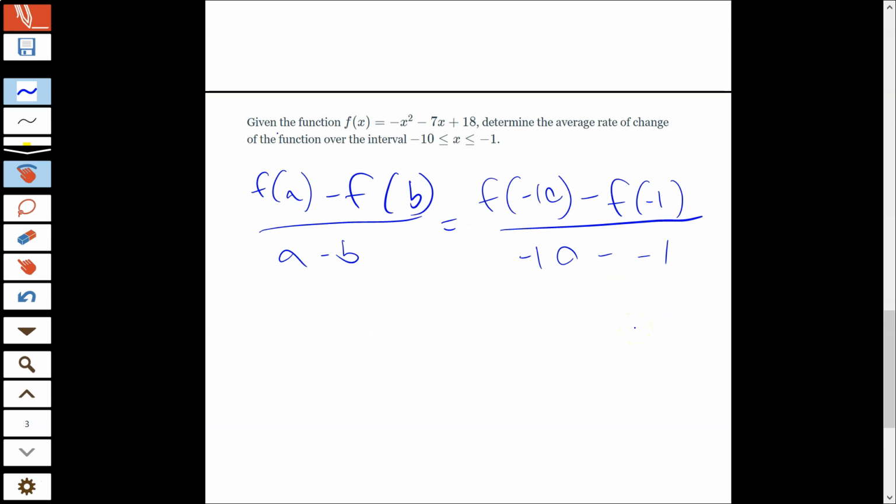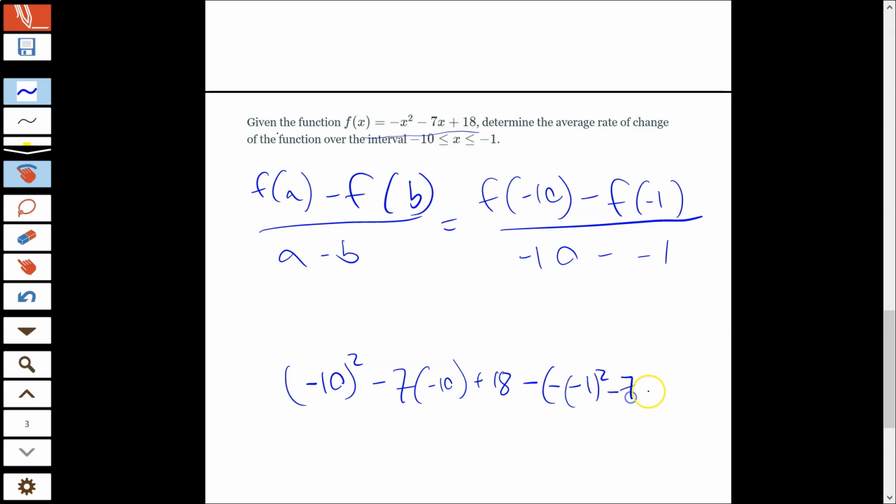Okay, so because we have a function here, we can just plug in our values, right? So this would be -10 squared minus 7 times negative 10 plus 18 minus, and everything gets parentheses here, negative 1 squared.